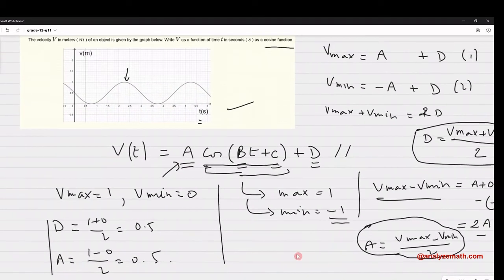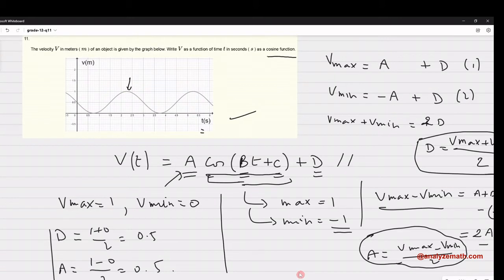Now let's go and find the period from the graph. We need one period of which we know the end and the beginning. So for example, if we go from here to here, this is one period. Now let's read. We are going from t equal to 0 to t equal to 3.